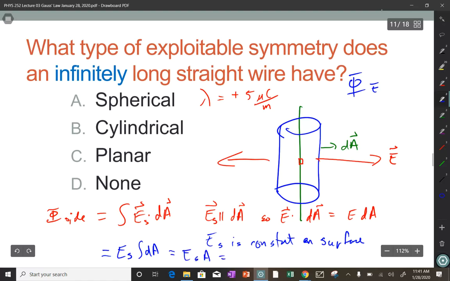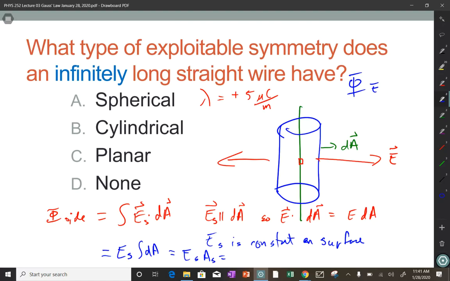And the area of the side is, and now this one here you might not know offhand. The area of the side is actually easy to figure out if you think about, what if I take that cylinder, slice one side and flatten? Then I would have a rectangle, and the length would be the circumference, 2 pi r. Right. And the height would be the height of my cylinder.